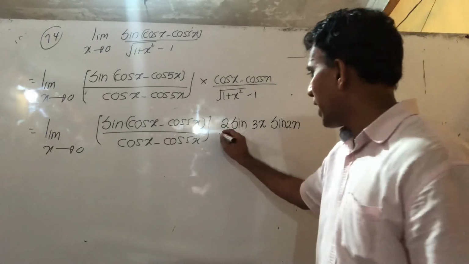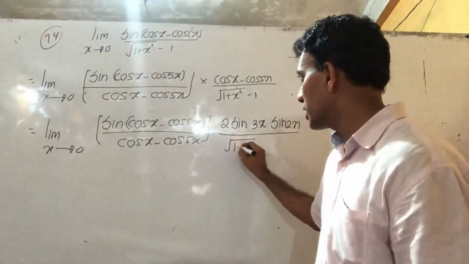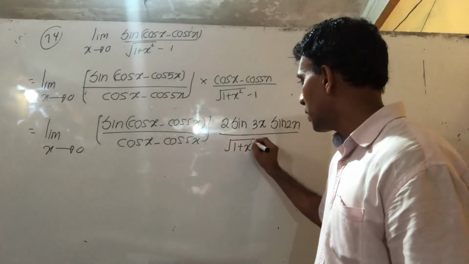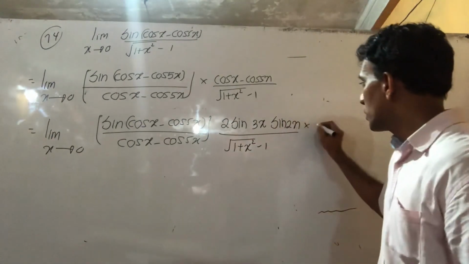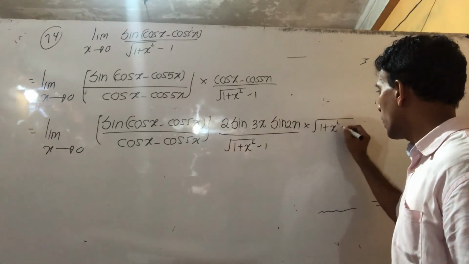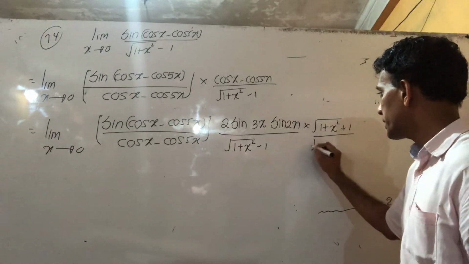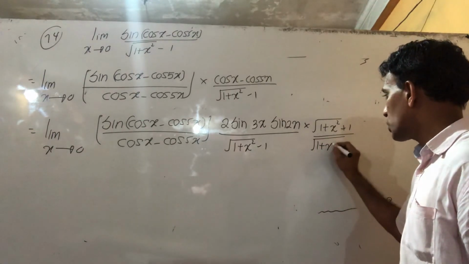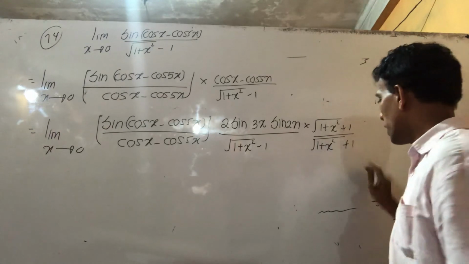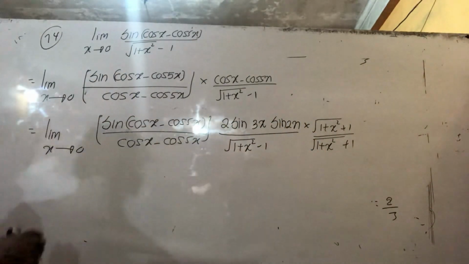Below, can I use the factorization pattern? Use the conjugate, otherwise you can't do it. Multiply by the conjugate: square root of 1 plus x square plus 1, in numerator and denominator, okay?